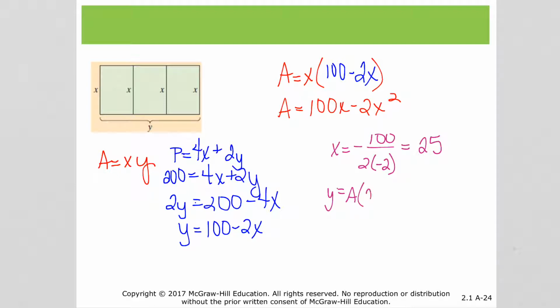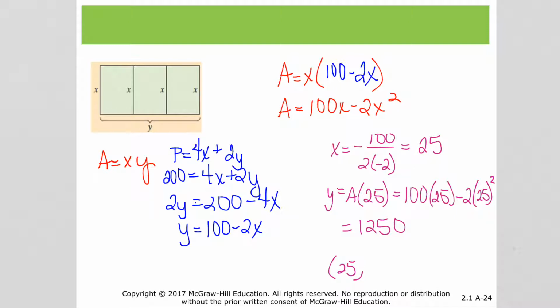We'll find the area where x is 25, and so we plug in 100 times 25 minus 2 times 25 squared, and that gives us 1,250. So our vertex is at (25, 1,250). What have we just found?